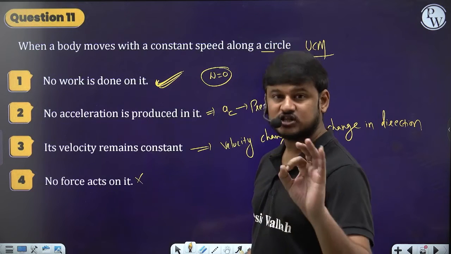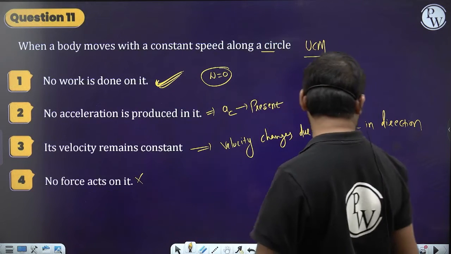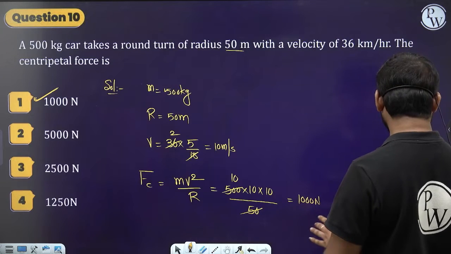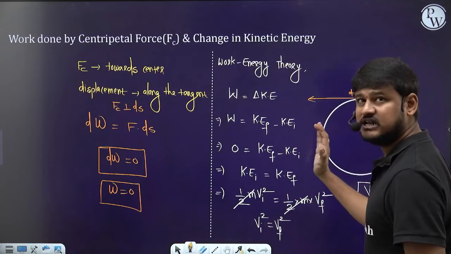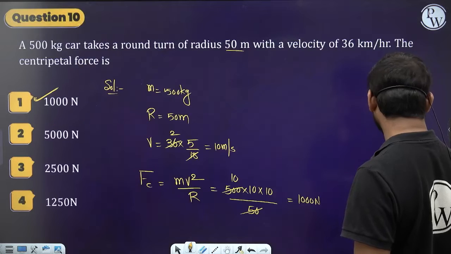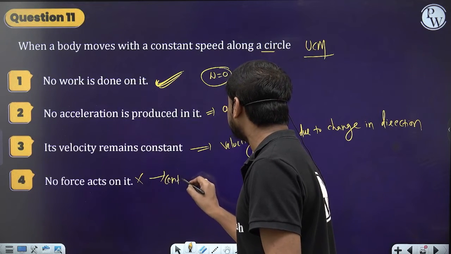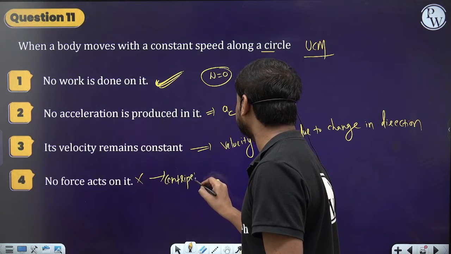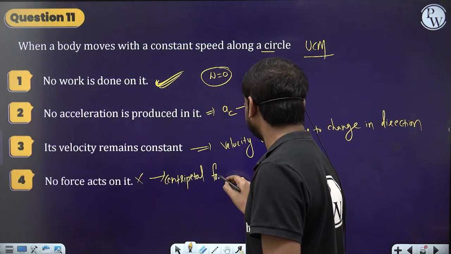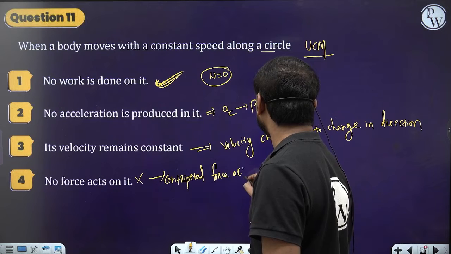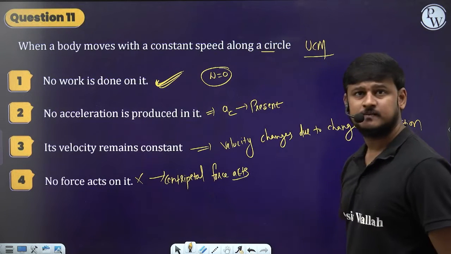The force acts on the particle, and what is the force that acts? Towards the center, as we have just seen. Which force acts? The centripetal force will act. So the only correct option is the first one. The centripetal force acts. Clear? Understood, guys? Everyone?